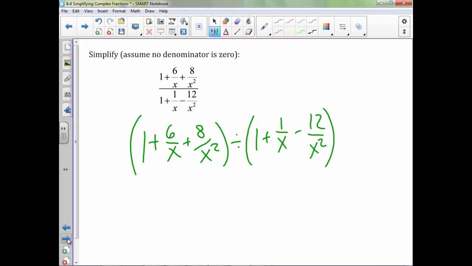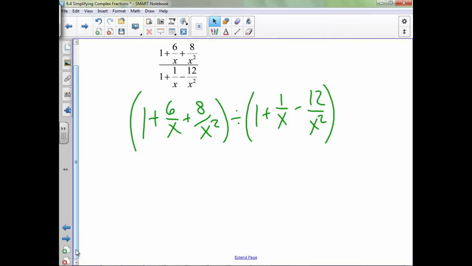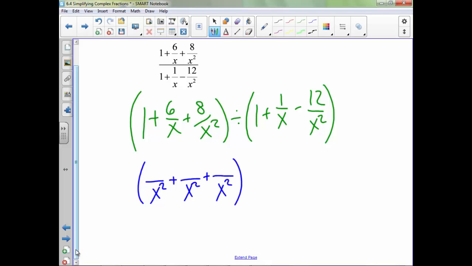And now notice on our left side, our common denominator is going to be x squared. And so this 1 over 1 we have to multiply by x squared over x squared. This middle term we had to multiply by x over x. This last term we just had to multiply by 1 over 1, or you didn't have to multiply by anything.